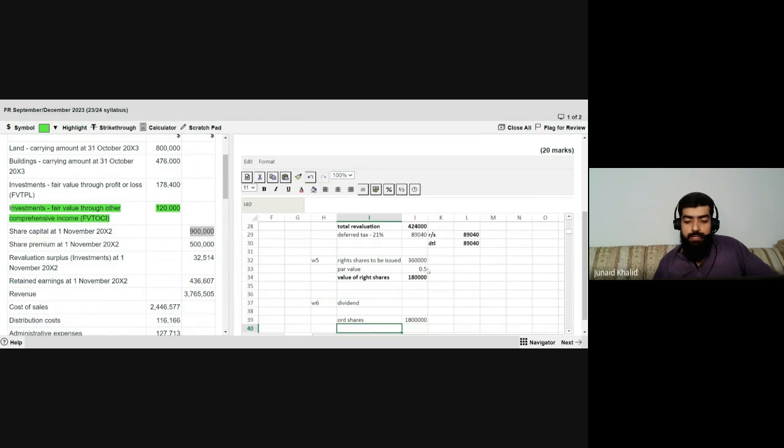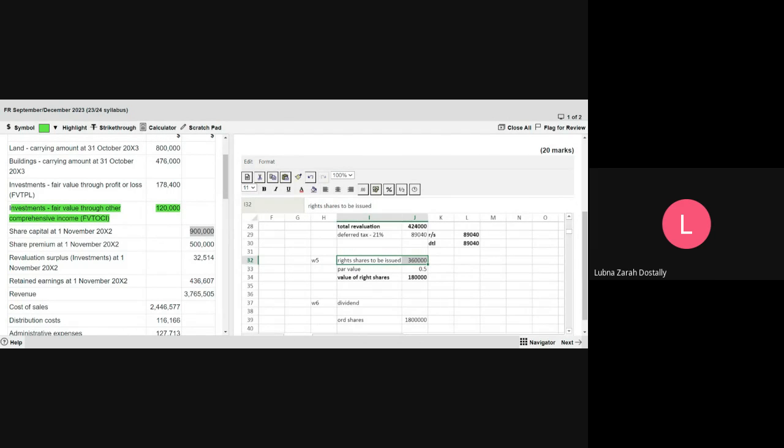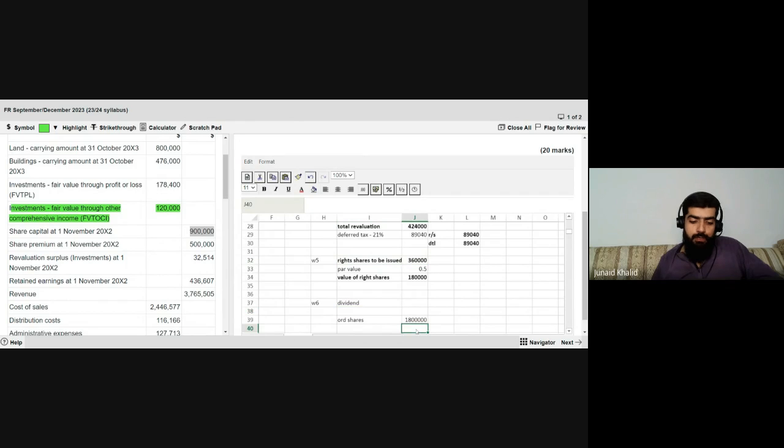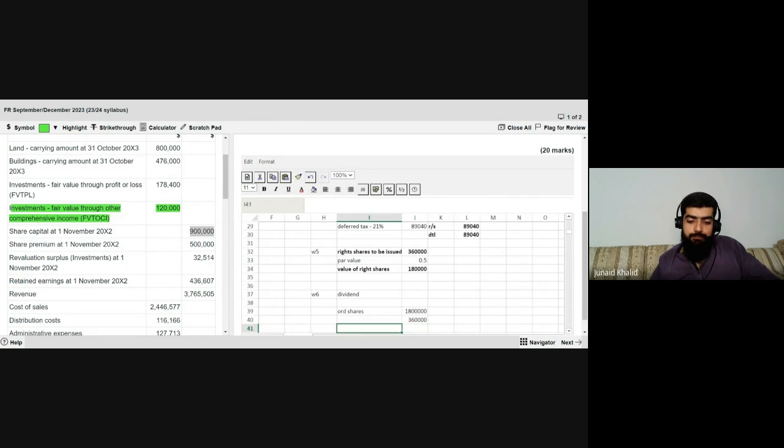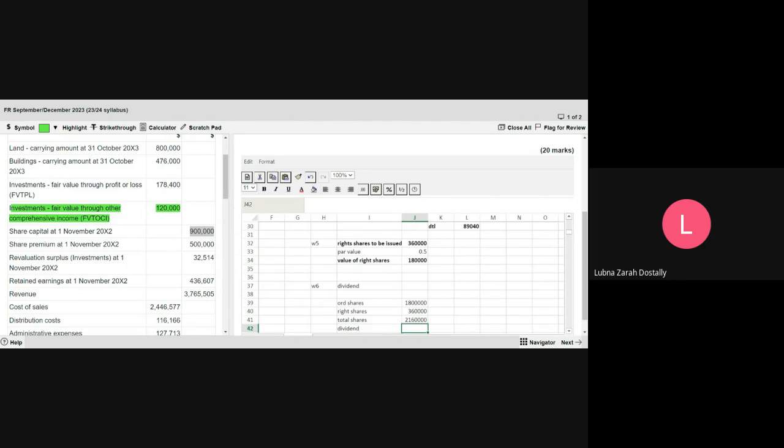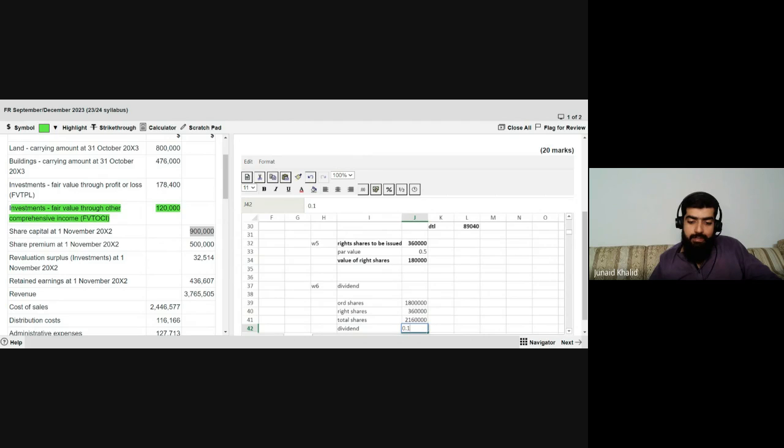But now we have issued 3 lakh 60,000 right shares. Am I right? Which means the total number of shares we have is 21 lakh 60,000, and the dividend will be given on those shares. The rate of dividend was 0.1 per share, so let's multiply.